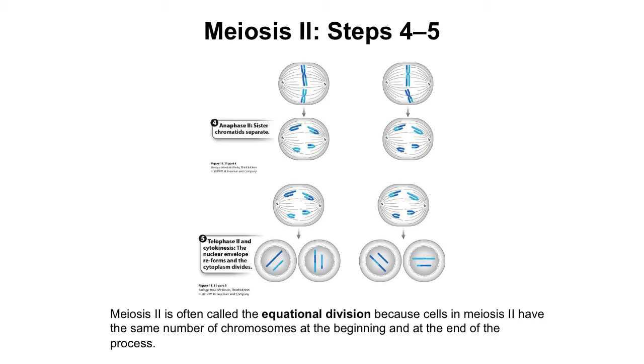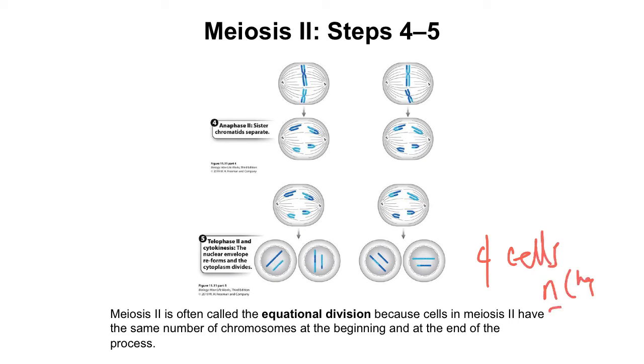So meiosis 2 is considered, because it is mechanistically identical to mitosis, the equational division, because cells in meiosis 2 have the same number of chromosomes at the beginning and at the end of the process. Whereas meiosis 1 is called the reductional phase, because you start with a diploid, or 2N, and you end up with an N. So overall in meiosis, you end up with 4 cells that are haploid.